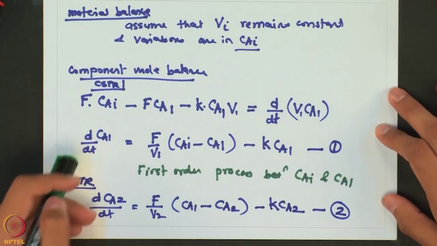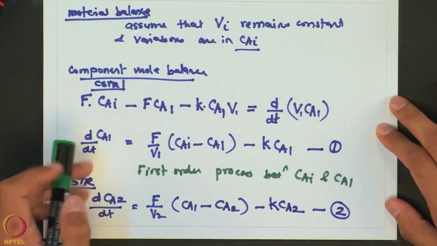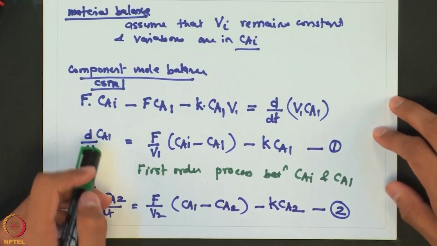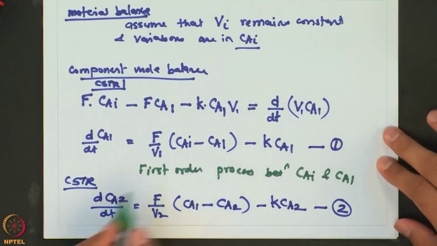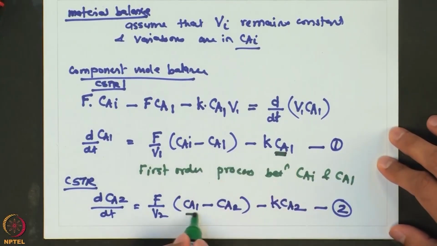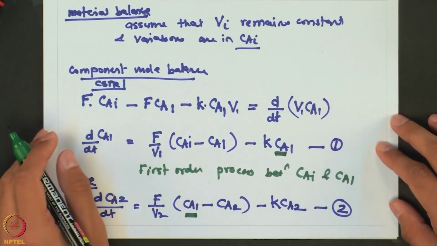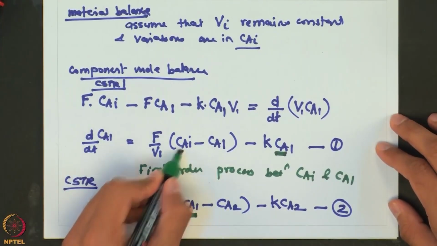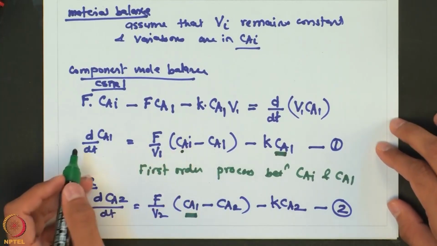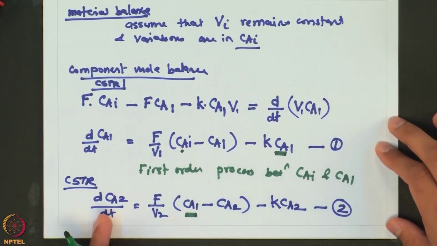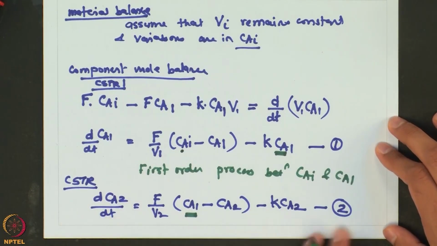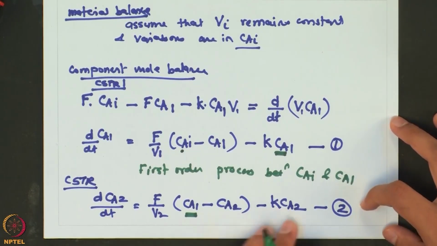So, we have two first order processes which are connected together through this term CA1. Whenever there is a change in inlet composition CAI, it is not going to directly affect CA2, because if you look at equation 2, you will see that there is no term for CAI.